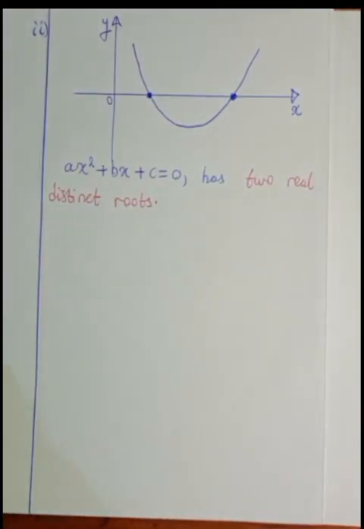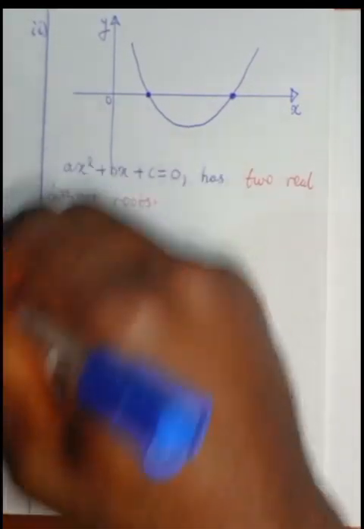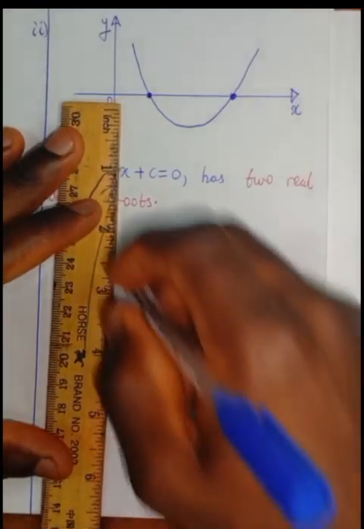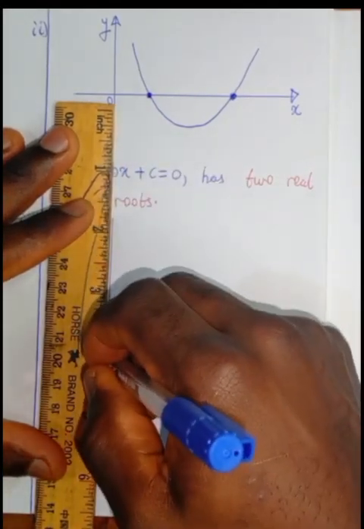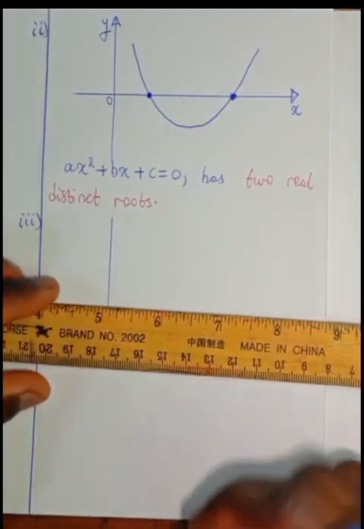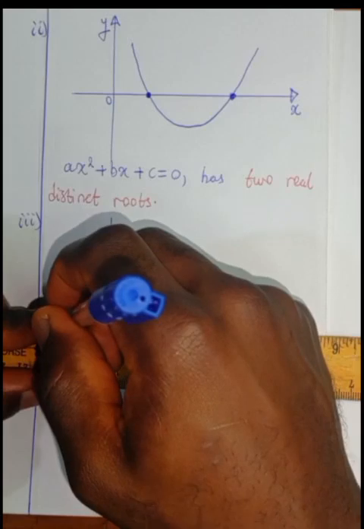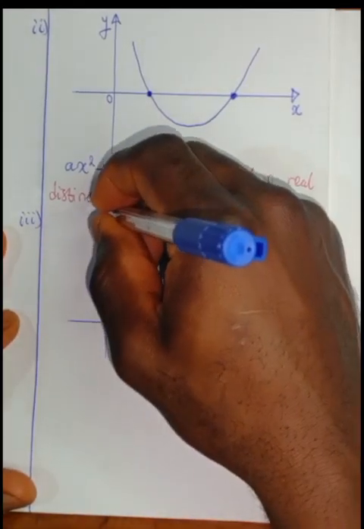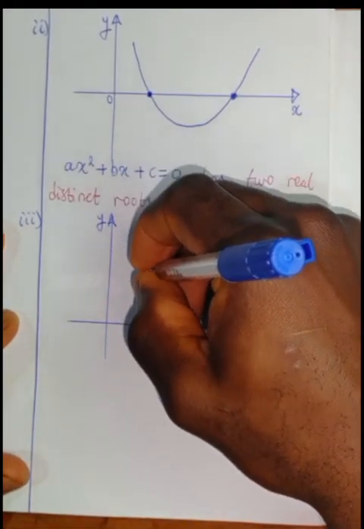Now we go to the next case, 3i, where the curve does not touch the x-axis. This is the x-axis, y-axis. In this case, our curve is suspended as such.